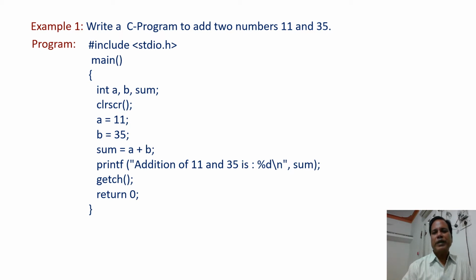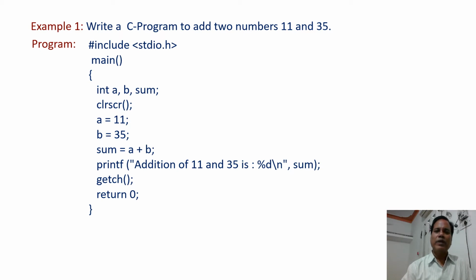What is written on the right side, a plus b, that expression is evaluated. So both numbers are added and this sum is assigned to the variable on the left side, that is sum. Now next we have to print this sum on the output screen.